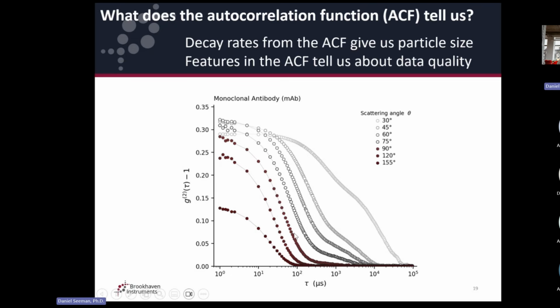So if our goal is to simply detect dust, or detect aggregate more commonly, with the highest sensitivity possible, we want to go to the lowest scattering angle. If we want to measure the size of a monoclonal antibody monomer, then we want to go to backscatter. We want to measure that with the highest accuracy. And if we want to be able to detect both with reasonable accuracy, we probably want to be sitting around 90 degrees.